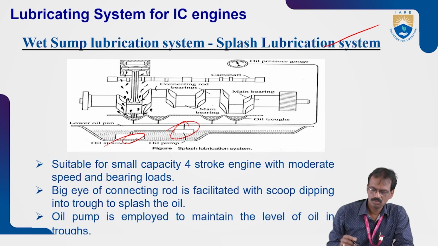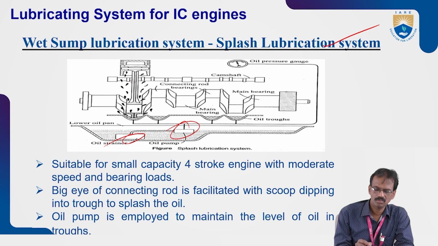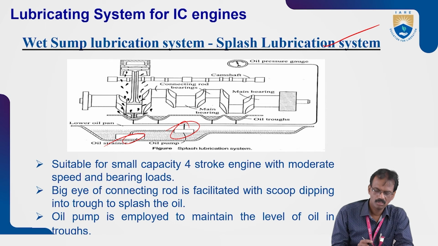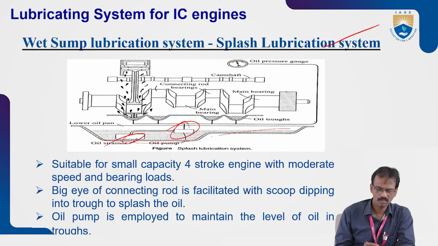Through this, oil is supplied to different parts: the main bearings, connecting rod bearings, the piston and cylinders. All this oil is pumped onto the engine parts. Next, the oil is collected in the same pan. We'll see some points regarding this.